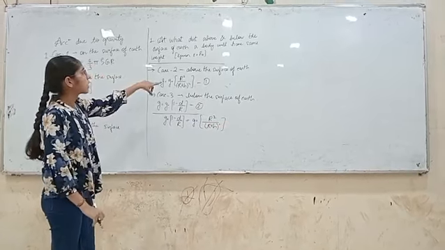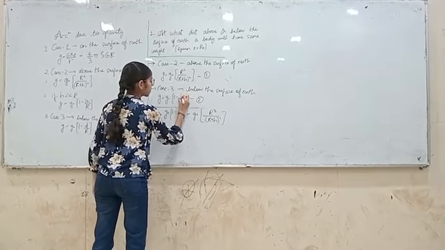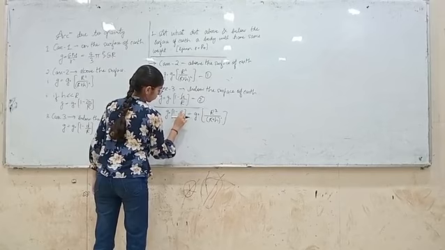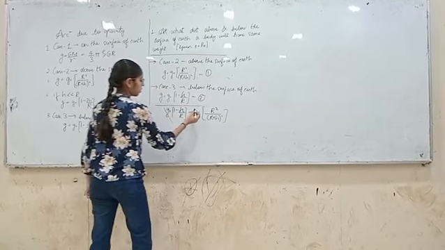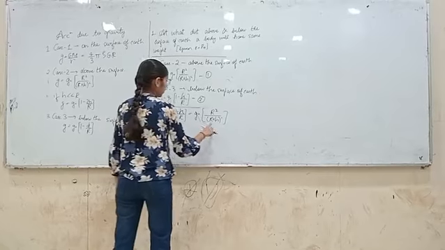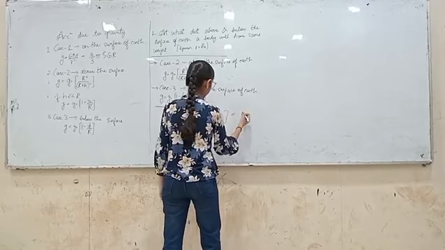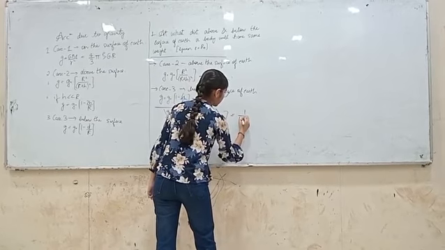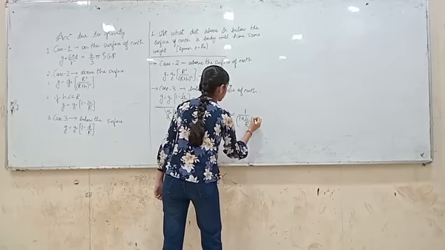Here they are asking at what height, so instead of taking this as distance d, we can write it as distance h. When we equate these two, g naught gets cancelled, and we can write this in simpler form as 1 by (1 plus h by R) the whole square.